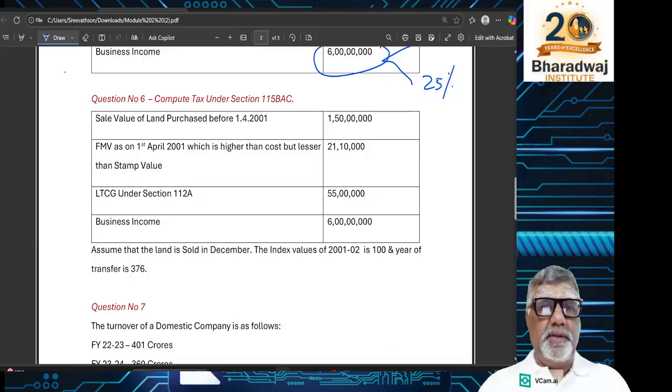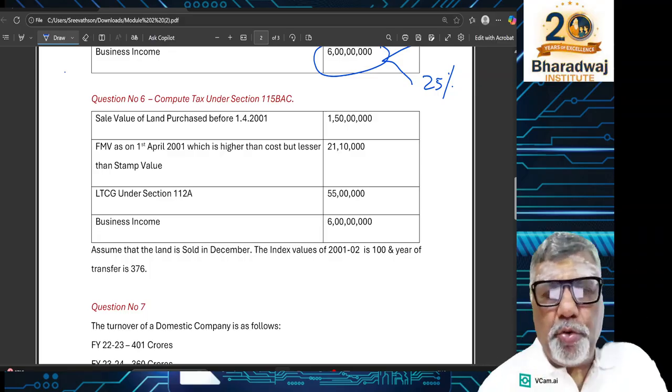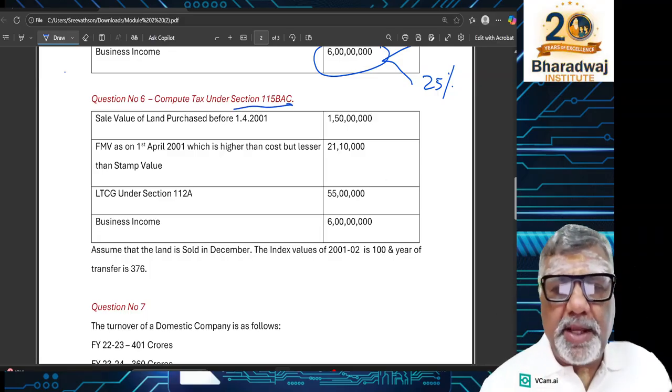Listen to this question. Sale value of land 1 crore 50 lakhs. FMV as on 1/4/2001, which is higher than cost but lesser than stamp value. LTCG, business income. We are going to do this under section 115BAC.